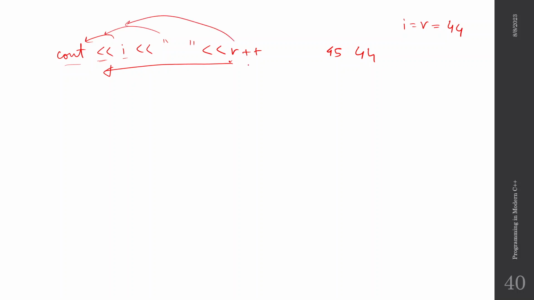But since R plus plus has higher priority, because the increment operators have higher priority, first this R plus plus will be executed. Here the value of 44 will be used because this is post increment. But since I and R point to the same location, this one will become 45, and then they will be streamed to cout, so you will get 45 and 44.